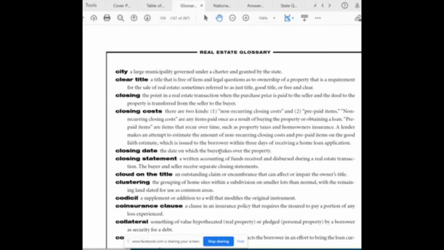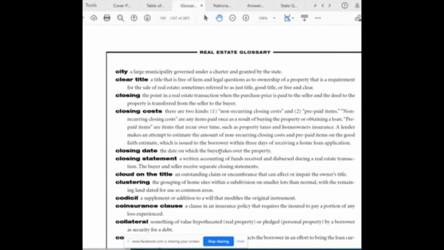And the non-recurring closing costs are going to be like the lender costs, okay, an appraisal cost. That's considered a prepaid item, although it's paid during the process of closing with the lender.